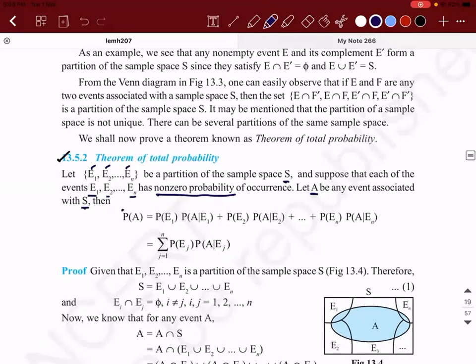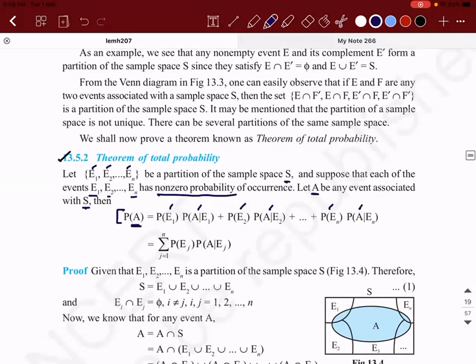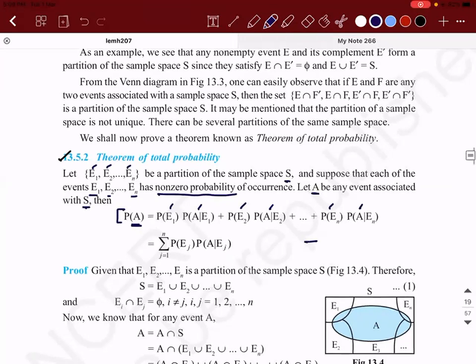Then the probability of event A can be written in terms of mutually exclusive and exhaustive events as probability of E1 into probability of A given E1, plus probability of E2 into probability of A given E2, plus so on till probability of En into probability of A given En. All put together, you can write it as sigma i equal to 1 to n of probability of event Ei into probability of A given Ei.